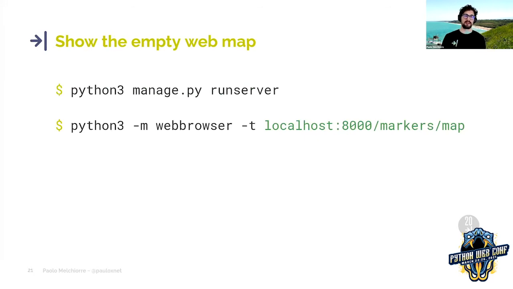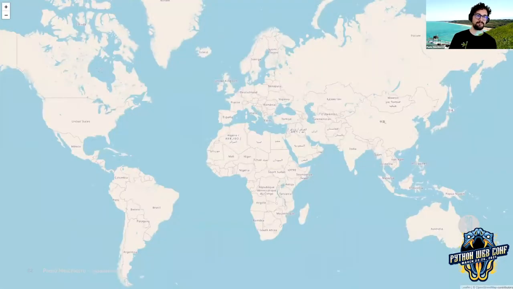We can now start our Django project with the runserver command, and we can finally visit our map page. We just created an empty map with Django, and the result is pretty much what you see now. A map without markers, showing the whole world.